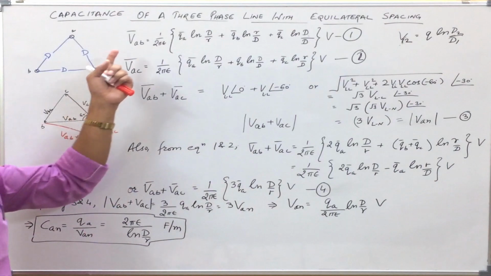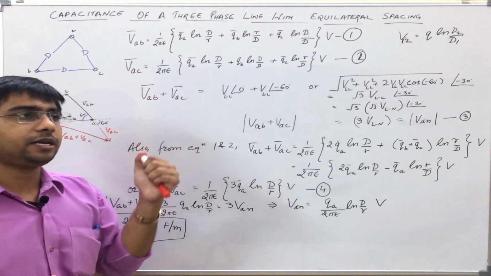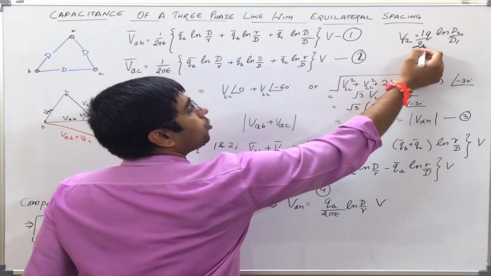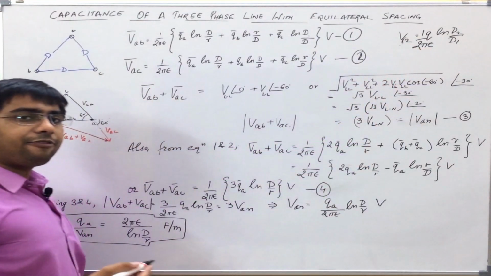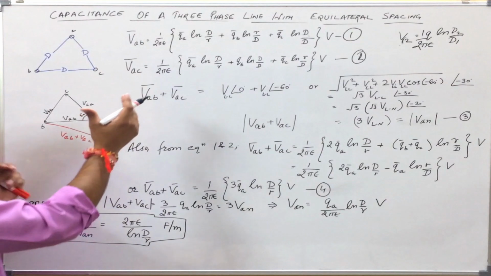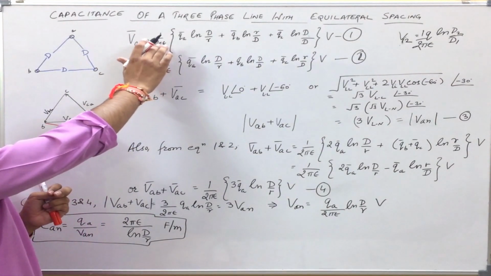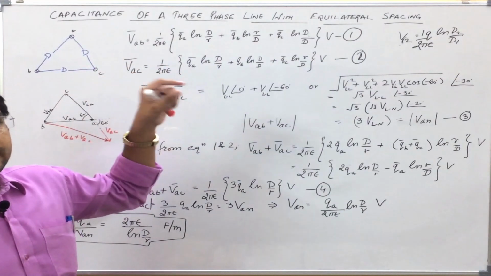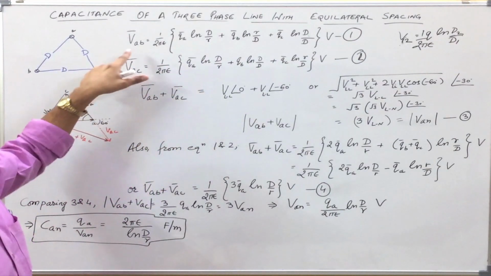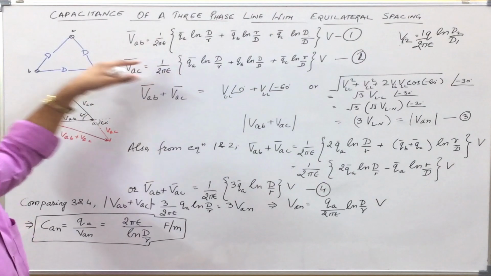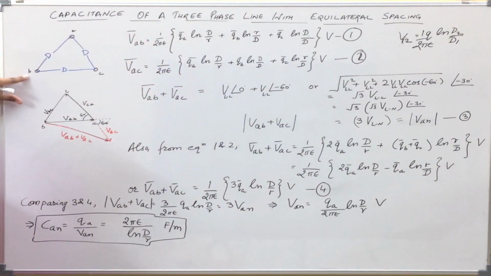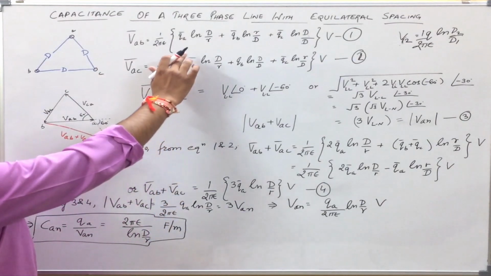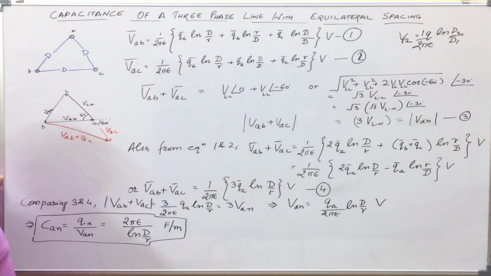Now let us see how to write the expression of VAB. You see, the factor 1 upon 2 pi epsilon is common everywhere, so I will take 1 by 2 pi epsilon as common outside. Now writing the potential difference between point A and B due to the charge QA, writing QA natural log D2 by D1.